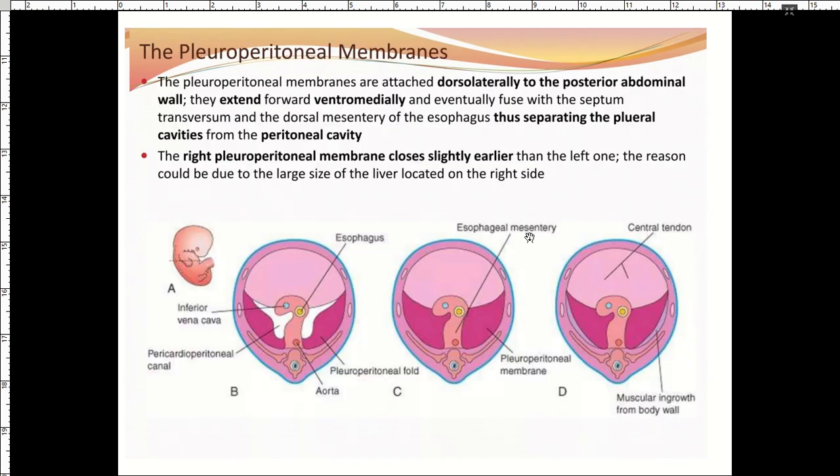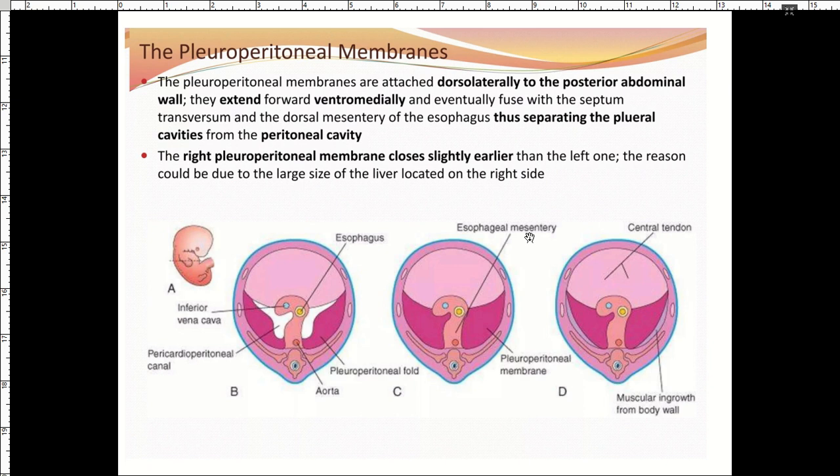Now let's talk about what we call the pleuroperitoneal membranes. So take note of this. We have three body cavities: pericardial cavity, pleural cavity, and peritoneal cavity. Initially, the pericardial cavity is continuous with the pleural cavity, and they are going to be separated by the pleuropericardial folds that will form the membranes.